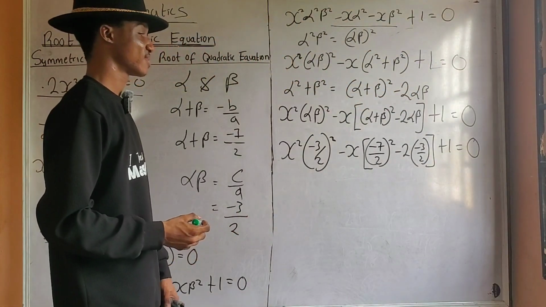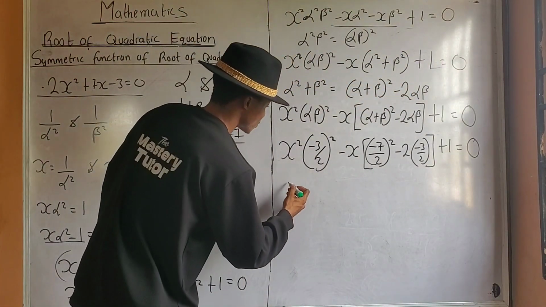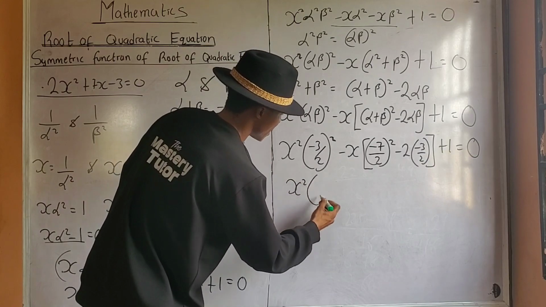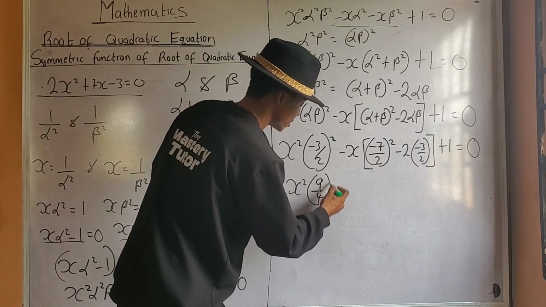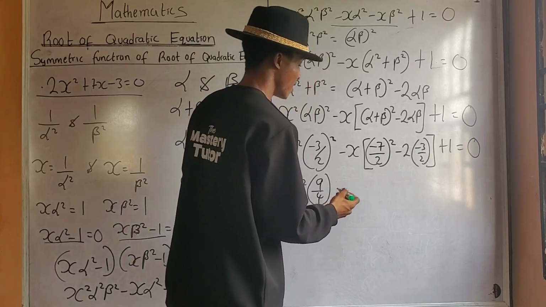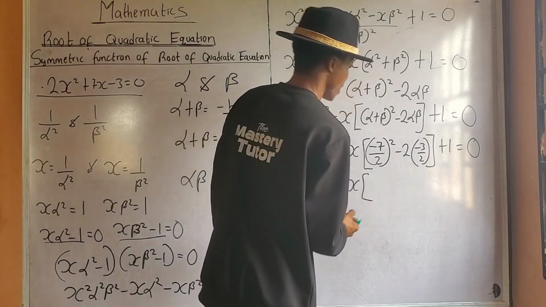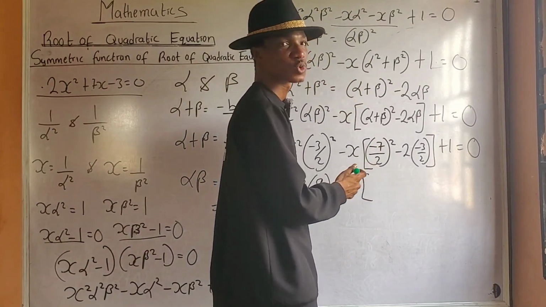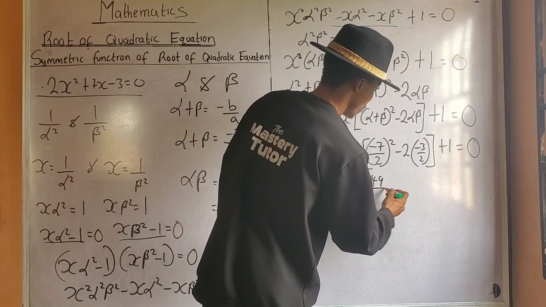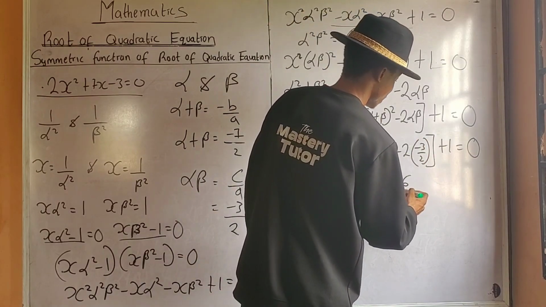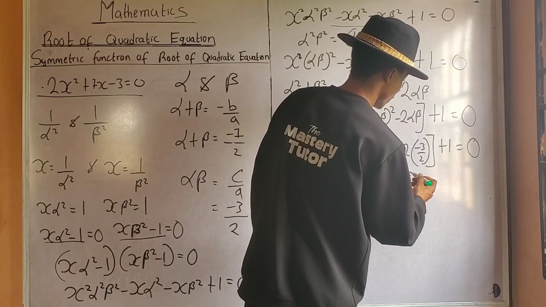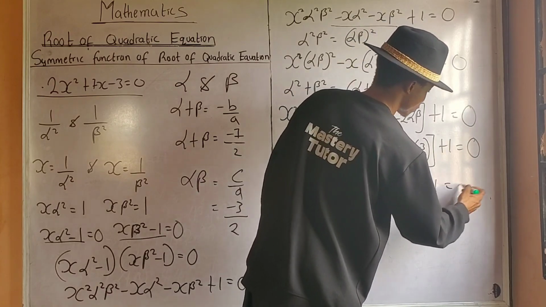Do you understand? Okay. Here I'm going to have x squared multiplied by negative 3 over 2 squared, that is 9 all over 4, minus, okay, let us simplify. Negative 7 over 2 squared, that is 49 over 4, plus 6 all over 2, plus 1 equals to 0.